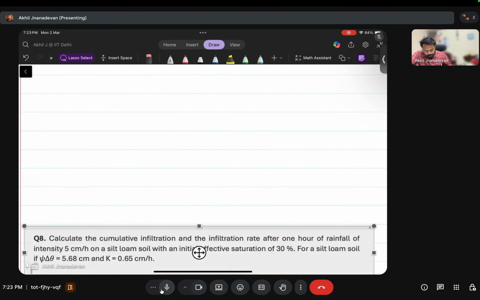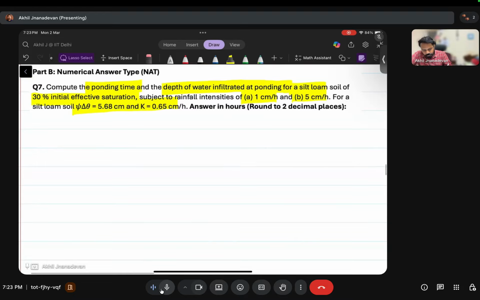So we are given that the soil type is silt loam, and for silt loam soil, psi delta theta is given as 5.68 centimeter. The conductivity or the permeability is given by 0.65 centimeter per hour. And one more thing that is given is theta E.